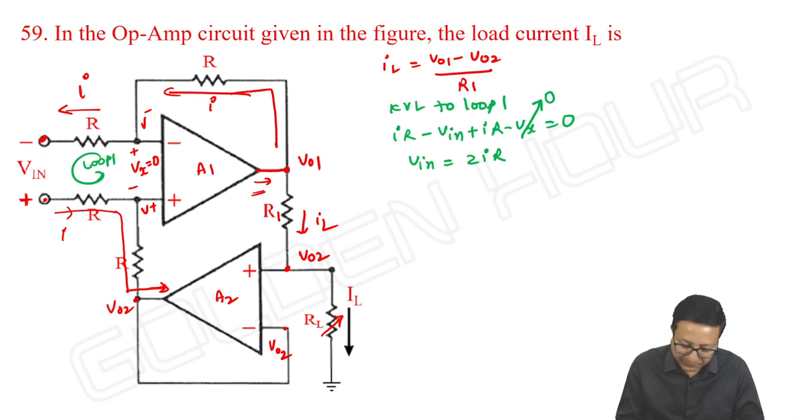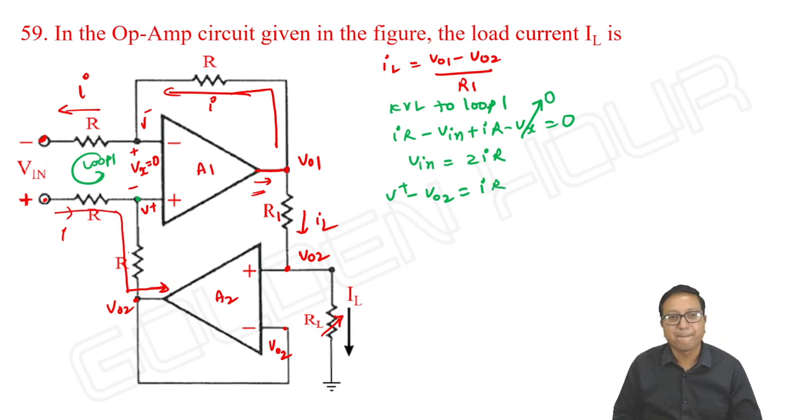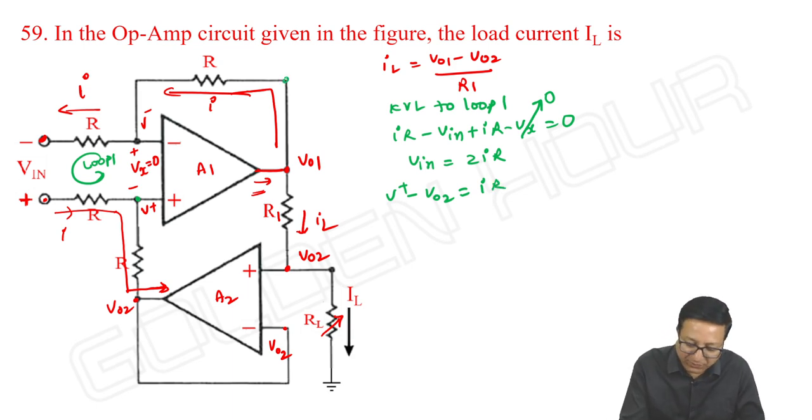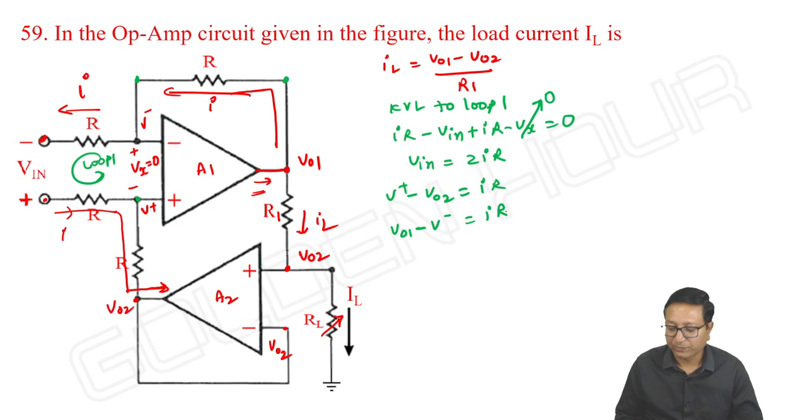Done. Next, you see here, V plus minus VO2 is equal to I into R. Then VO1 minus V minus is equal to I into R. But to be frank, V minus is equal to V plus, no doubt about it.